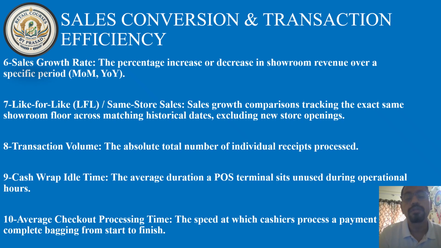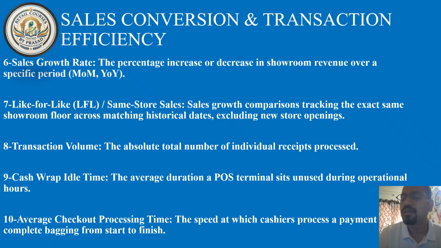Transaction volume, the absolute total number of individual receipts processed. Nothing else. Very simple. Cash wrap idle time, the average duration a POS terminal sits unused during operational hours. Suppose your store timing is 10:30 till 10 o'clock at night. You have to check how many hours the POS is not in use.